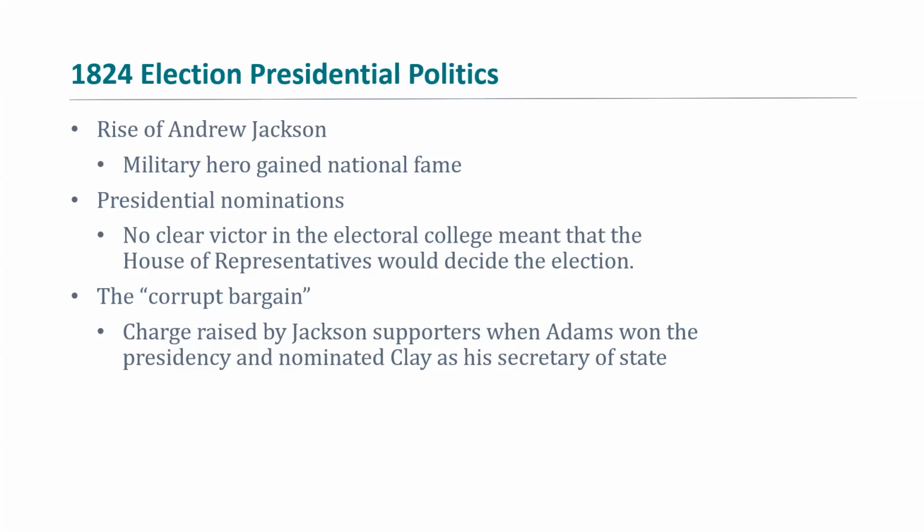Andrew Jackson had the plurality of the votes. He had received the most votes. But ultimately, John Quincy Adams is supported by the House of Representatives. Jackson calls it a corrupt bargain because, again, Jackson had the plurality of the votes. And so he felt that he should win. But obviously, he did not.